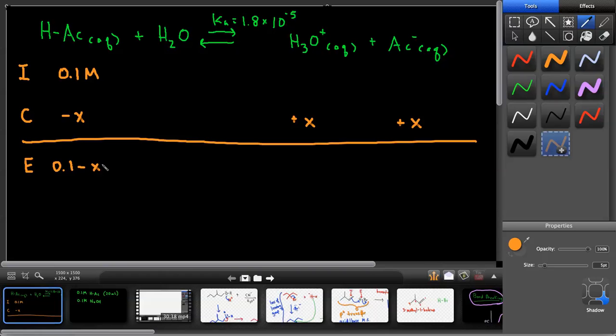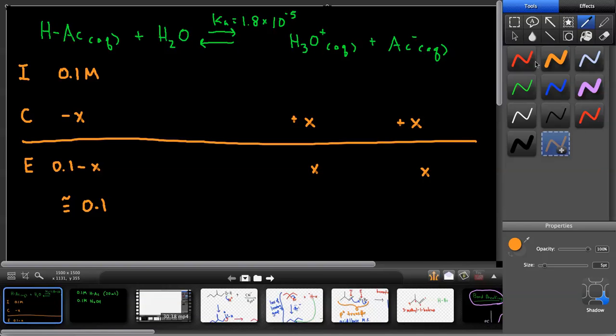Now, we've talked many times in class about when the initial concentration of a reactant is much, much greater than K, and by much, much greater we mean by a factor of 1,000 or greater, then that x becomes so insignificant that we can ignore it. So 0.1 minus x becomes equal to 0.1. And of course, each of these will be x.